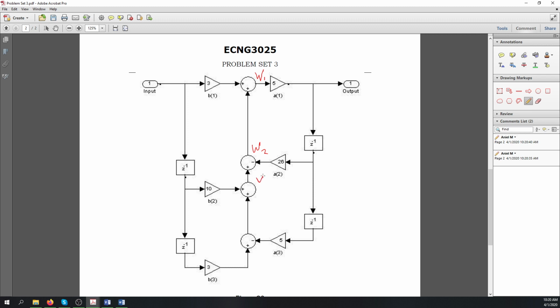The output here would be W3. The output here would be W4. And I think that covers all our summation points for this. The shape doesn't matter if it's a box or a triangle. The reason why triangles are used here is because you just wanted to indicate the direction of which it's going. But once you put the arrowhead, we already know which direction it's going.